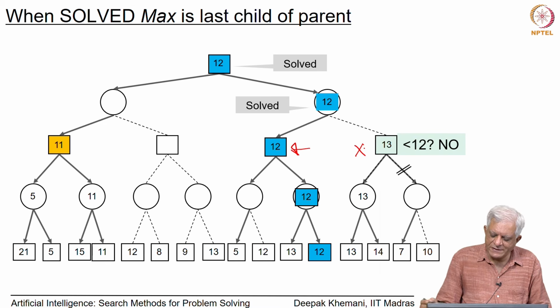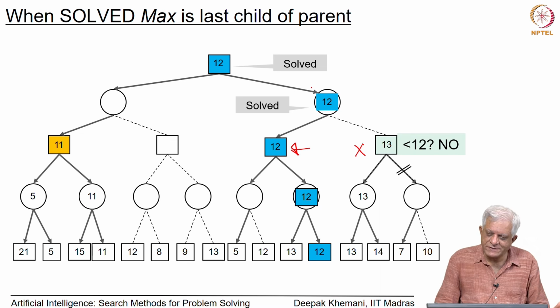Once the min parent gets solved, it is solved and it is also the best, which means that the other strategy which is of value 11 could not become more than 12. So, we know that the root will get a value of 12 from this cluster and we have solved the game tree.